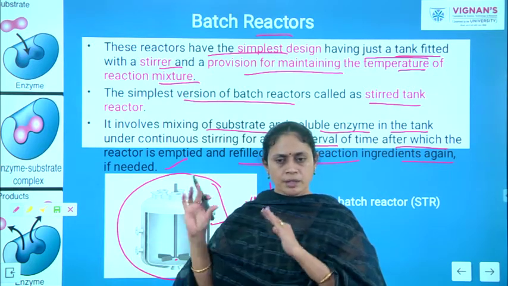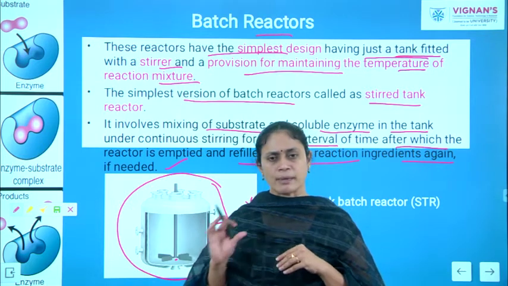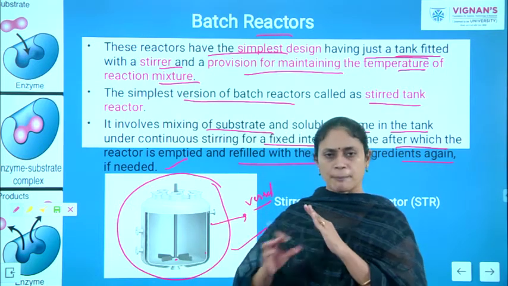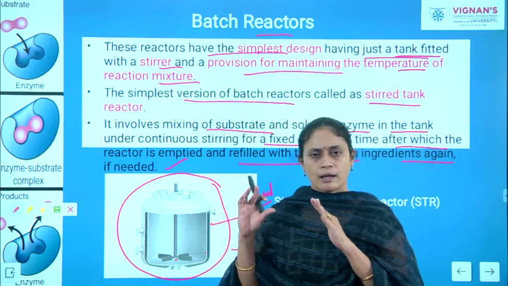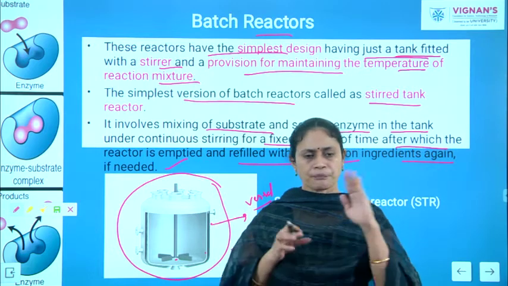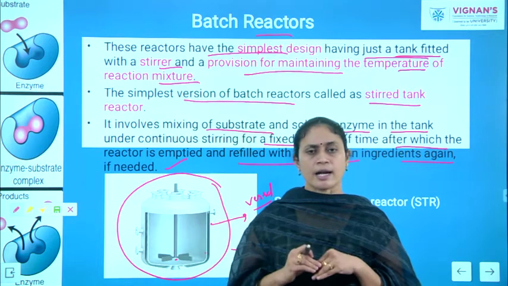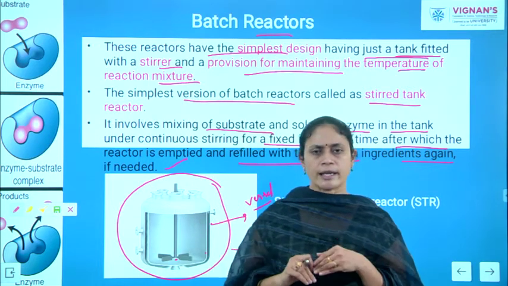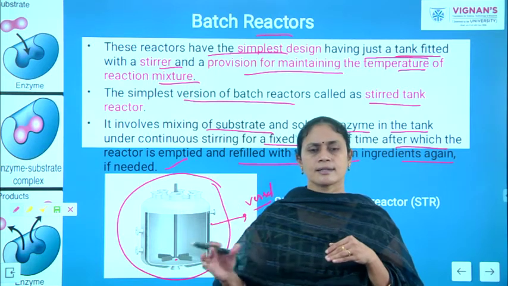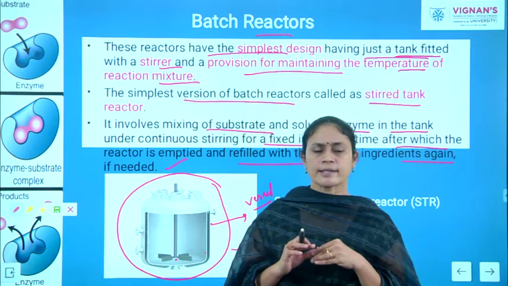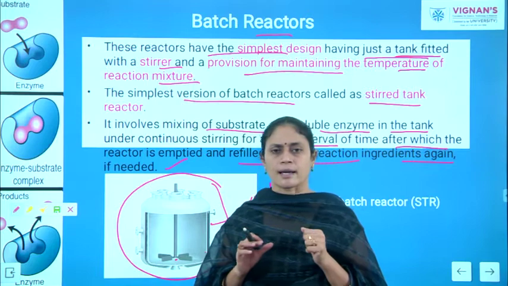Once the production of your product is completed, you are going to separate your product, empty your reactor, and now if you want to start another batch, refill your tank with the next batch of reactants such as substrate and enzyme.